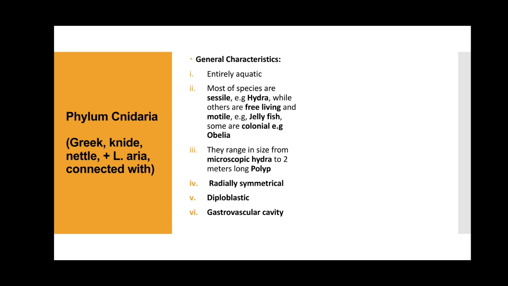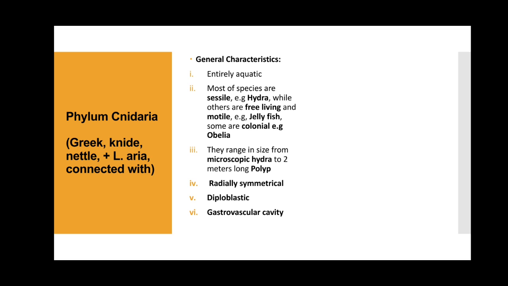Cnidarians have a very good capacity to regenerate. It means if a part of them has been cut by some accident, they will regrow that part exactly similar to the part that was missing.